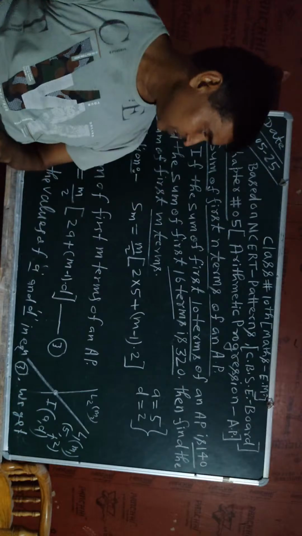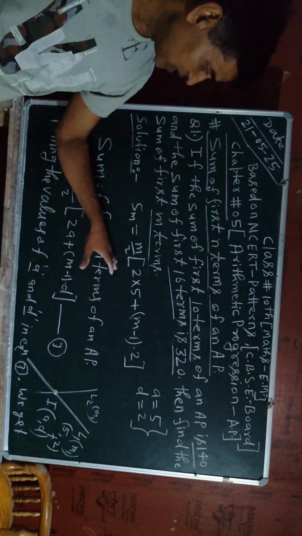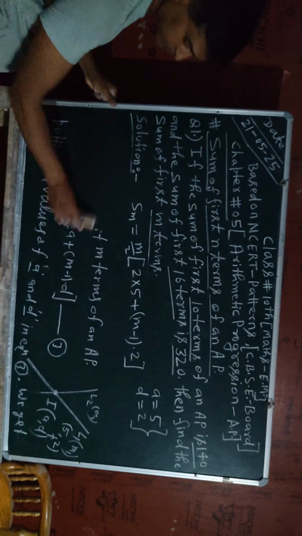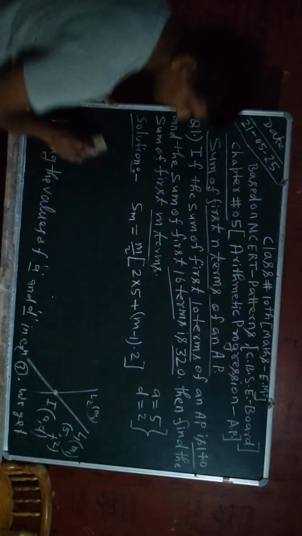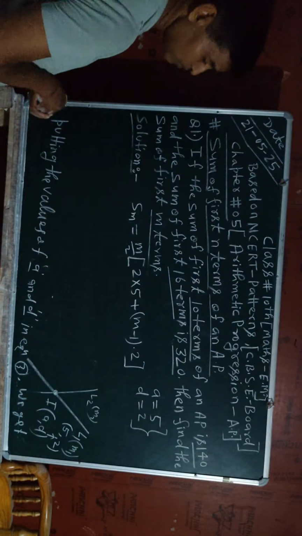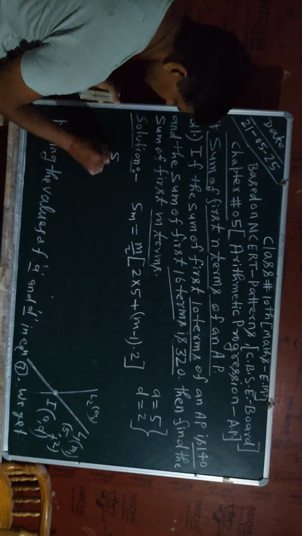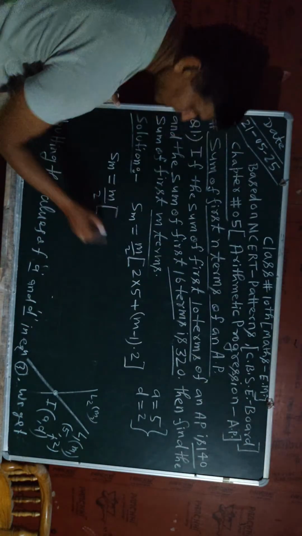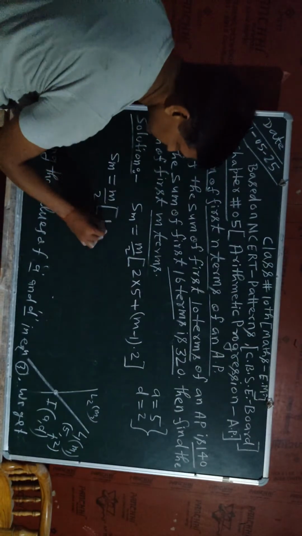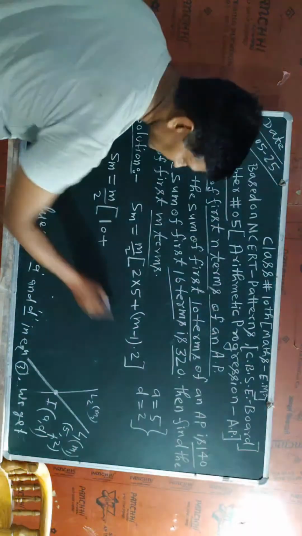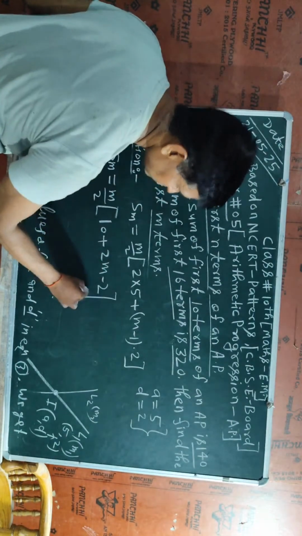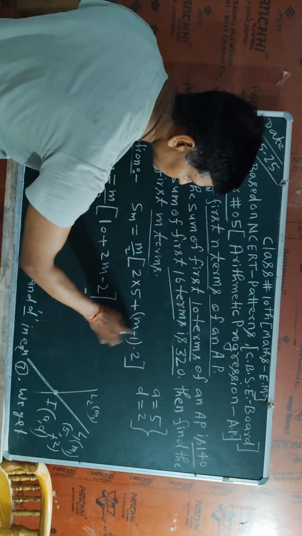Now further I am going to resolve it. After resolving, I will get the final answer of this question. Sm is equal to m divided by 2, in the bracket I have to write 10, and then 2m minus 2, because 2 is multiplied with m and also with minus 1.